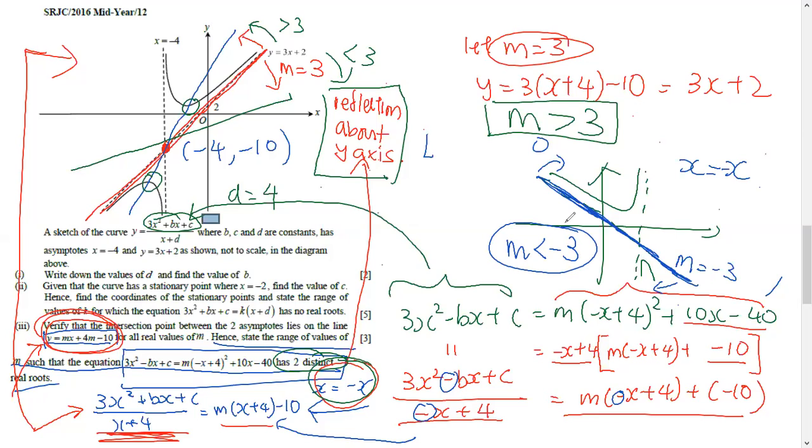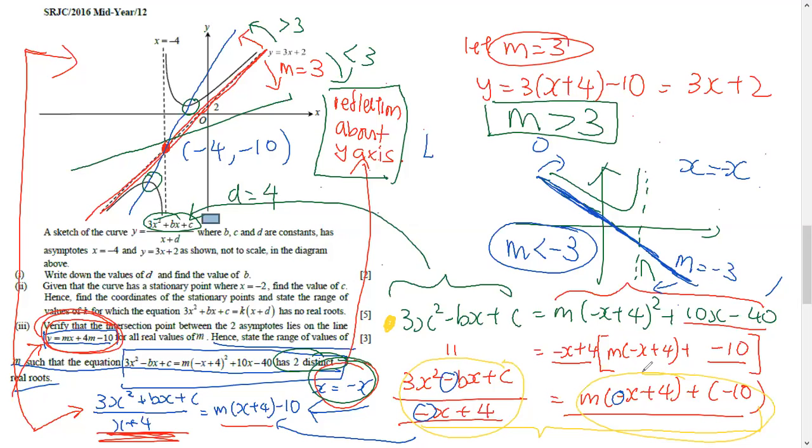Okay, so let me summarize what I've said all together. Let me use a different color. We started off with this equation, which is what the question wants. We want this equation here to have two distinct roots. So we manipulate it until it comes to this point, which is the intersection of this graph and this graph must give you two intersections.